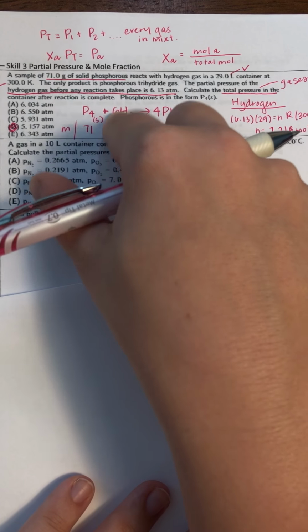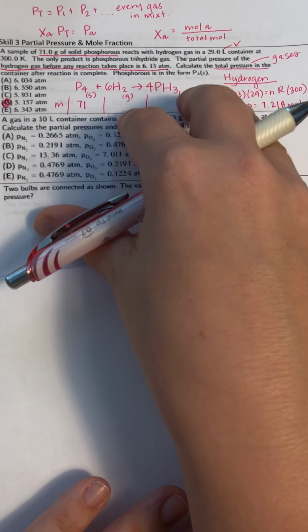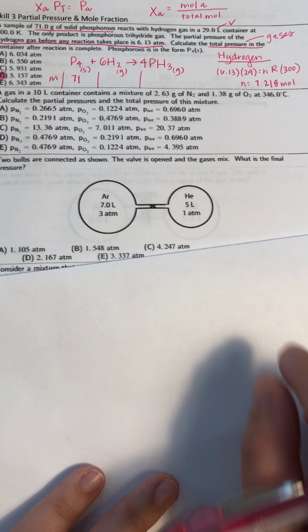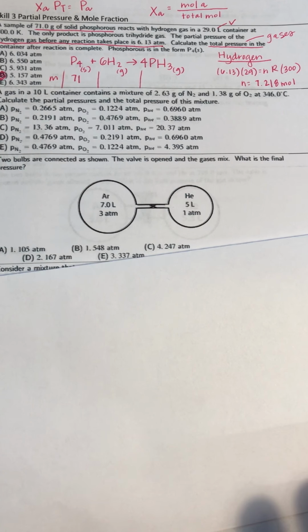So it doesn't really matter which way, you can kind of decide, but we are using those new formulas up here to kind of figure out what the answer is. I'll do ideal gas law for both of them and find out their individual pressures, and then add them up to find total. We don't have to bring in mole fraction, really.